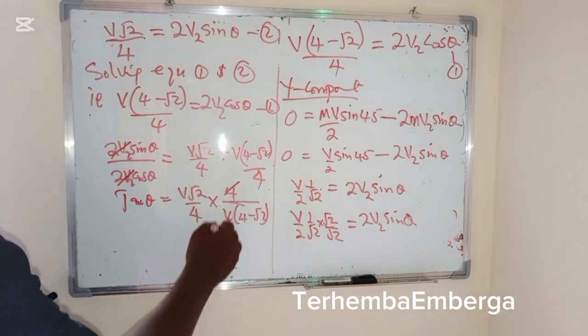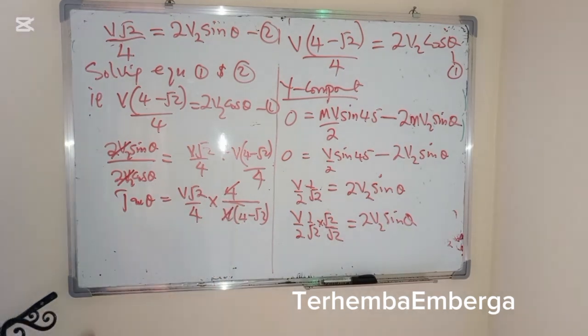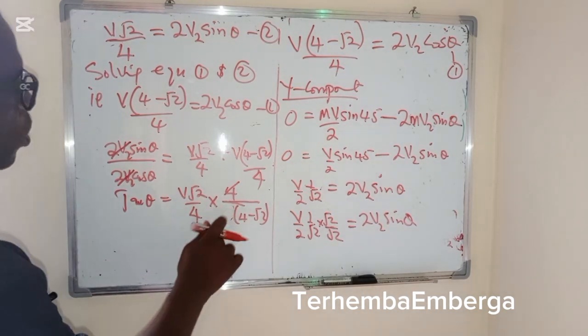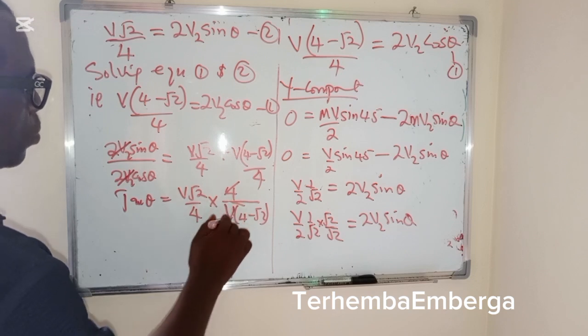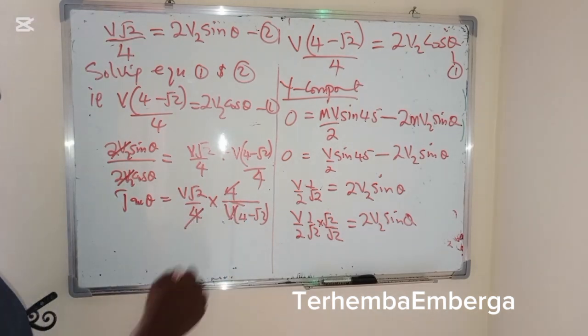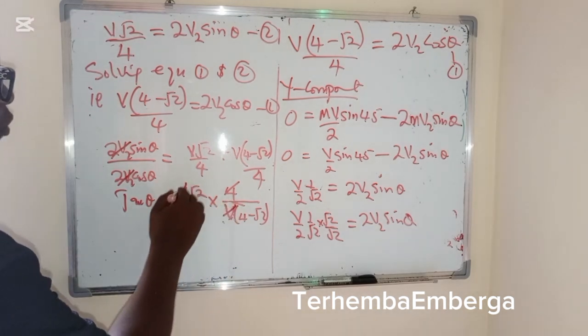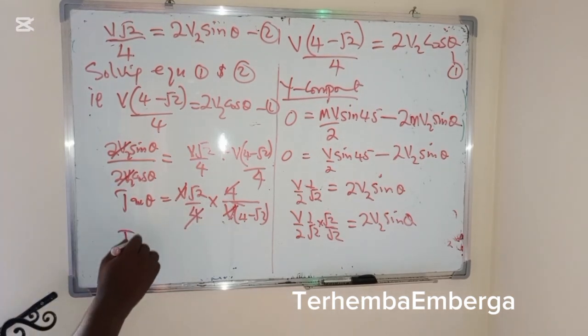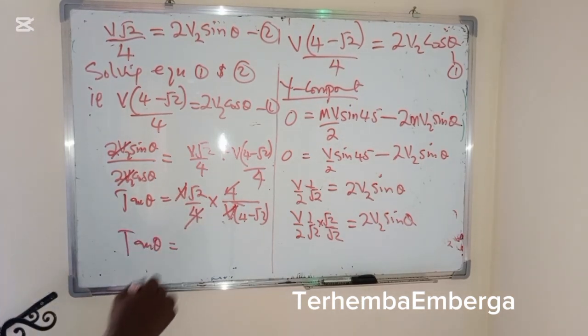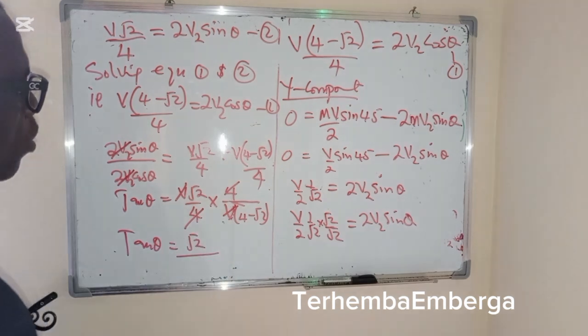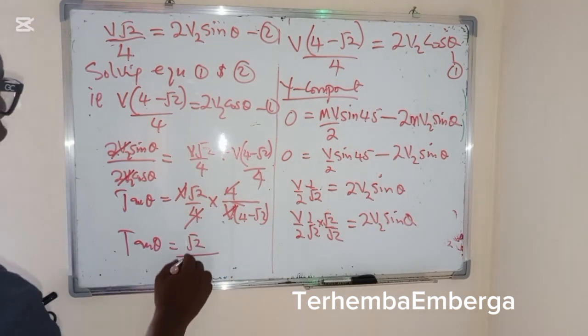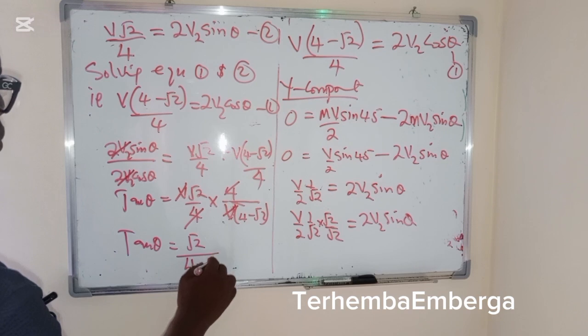Of course, 4 will take care of 4, and v will take care of v. We are left with tan theta equal to root 2 all over 4 minus root 2.